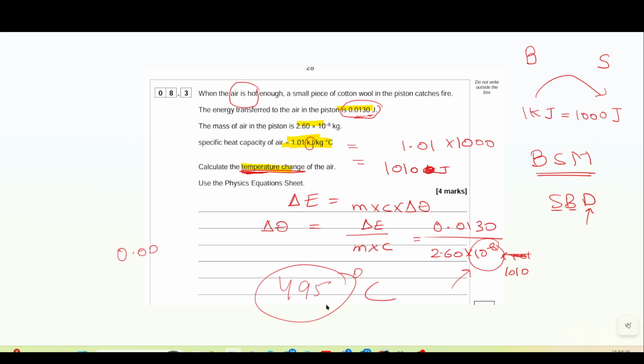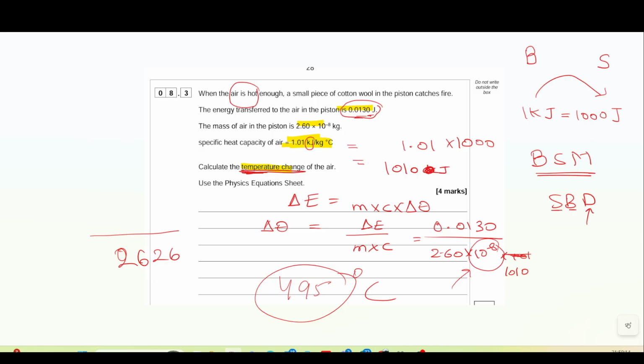0.0130 divided by 0.000000026 times 10. Let me show you here.